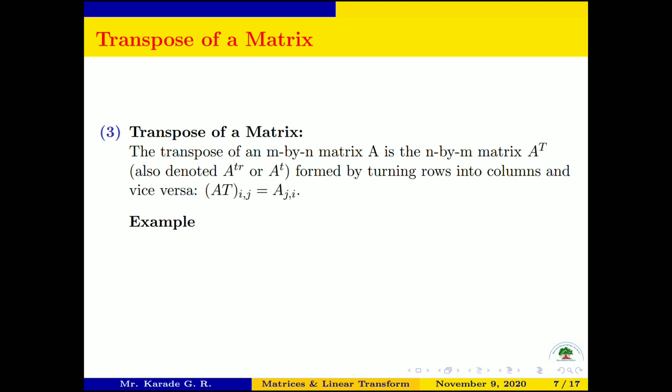Let us see one example. Consider a matrix of order 2 by 3, 1, 2, 3, 0, minus 6, 7, and we take the transpose of this matrix. See here, the transpose of the given matrix is a matrix of order 3 by 2.